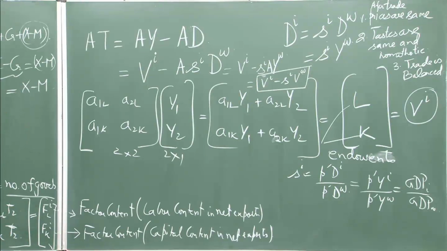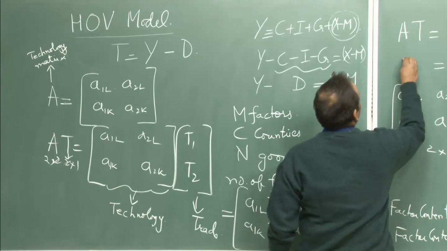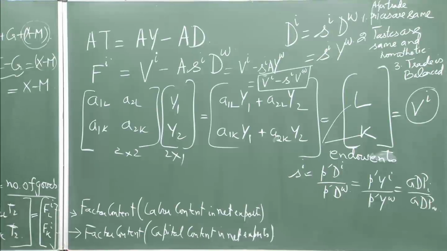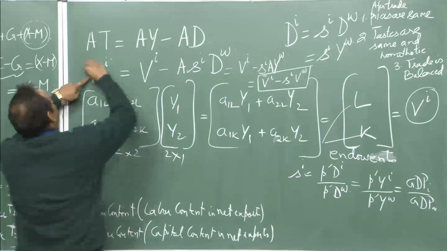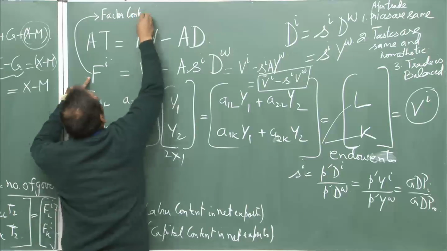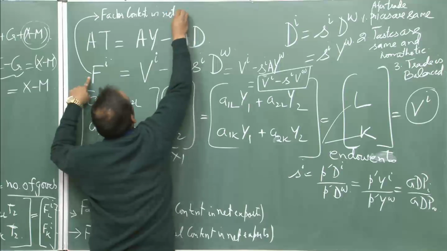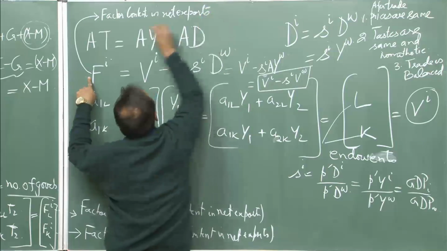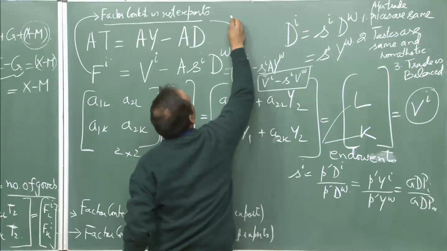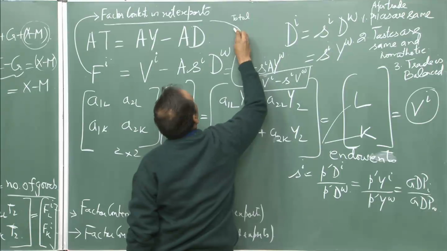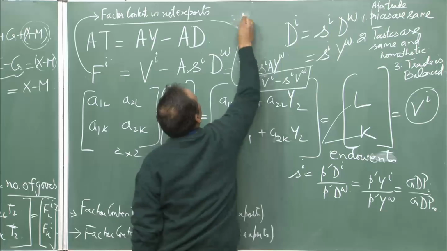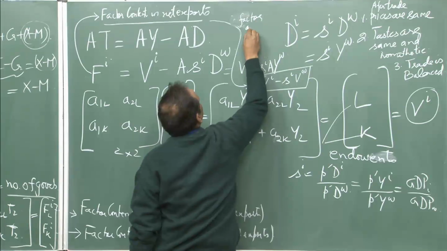So, now let us see what Heckscher-Ohlin-Vanek does: it relates this factor content in net exports to something called the factor abundance.